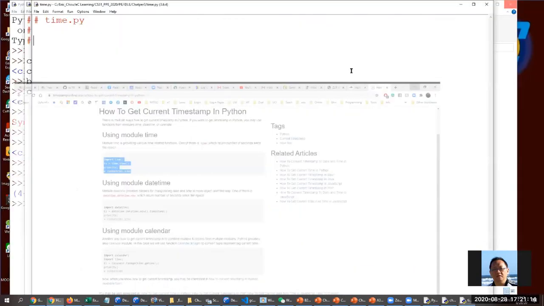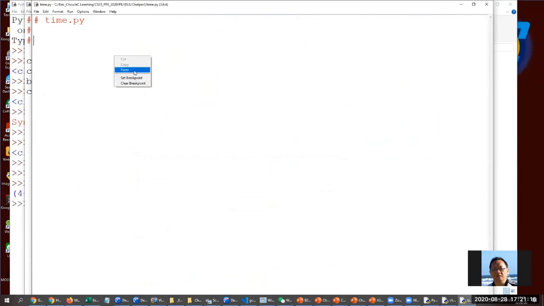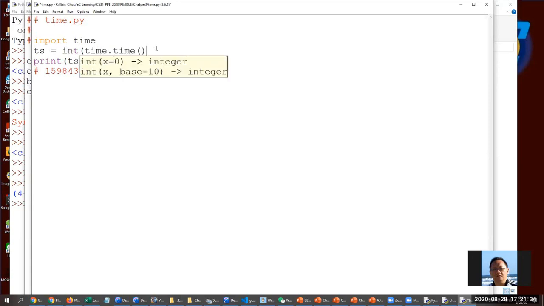Copy this one and put it here. So from the time module, import the time module, so time, I get a timestamp, okay. And I'm going to convert this one to integer. So that will be a timestamp, okay?